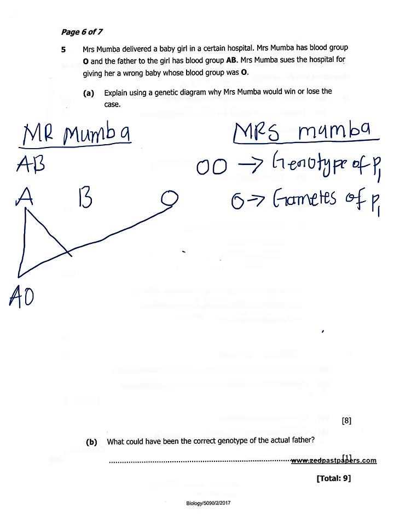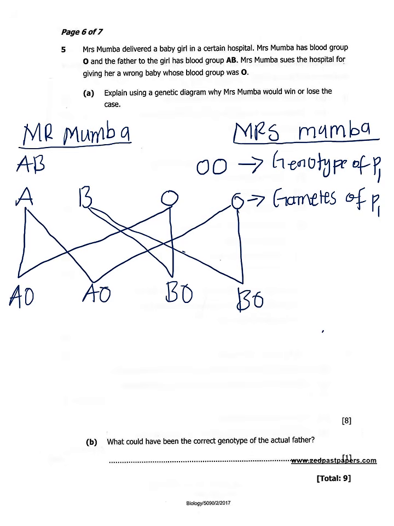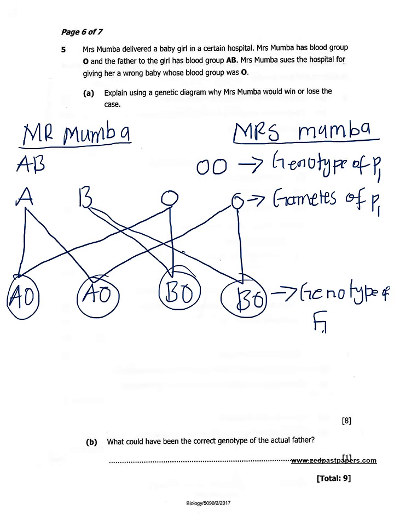Even here, heterozygous for A. Here we have heterozygous for B, and here heterozygous for B. So these are now the genotypes of F1. We can see that from these 4 chances, there is no chance for this couple to have a child with blood group O.